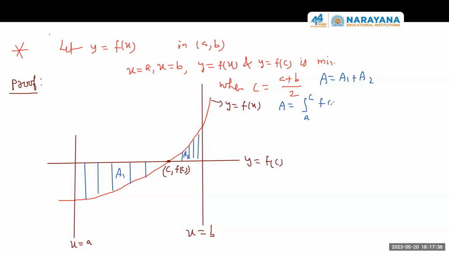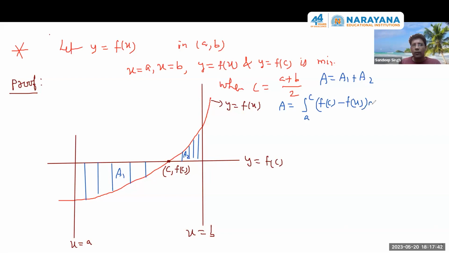So I'm doing this problem via two methods. Let me write this as method number 1, which is based on calculus. And second I will also discuss, which will be an elegant proof. Plus, tell me, from c to b, the upper curve will be what? f(x). And the lower curve will be f(c).